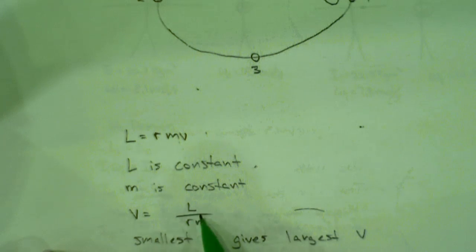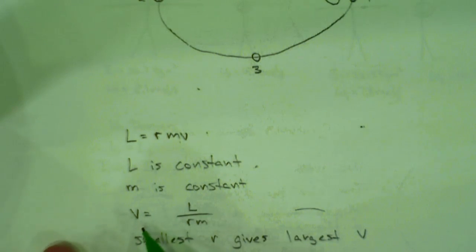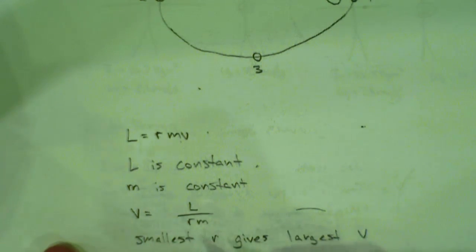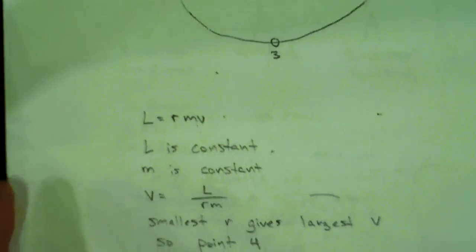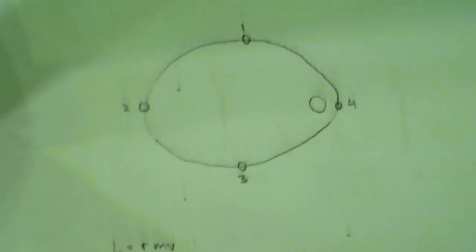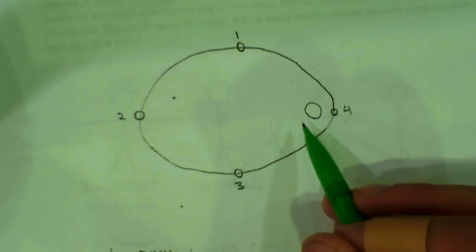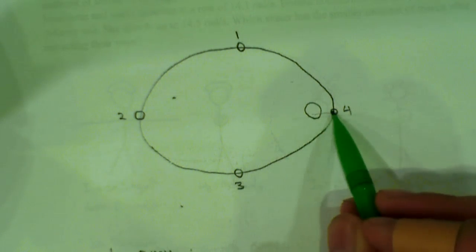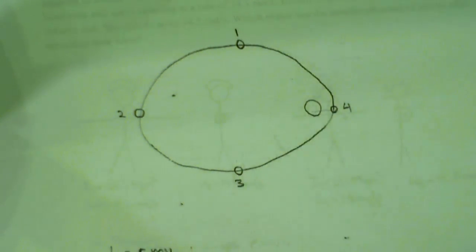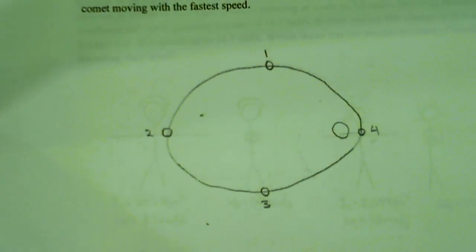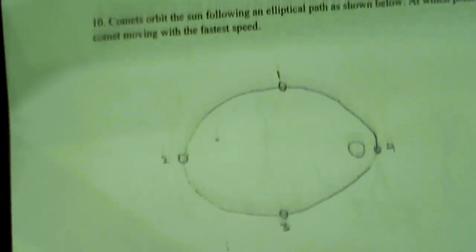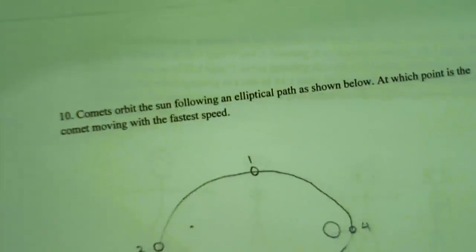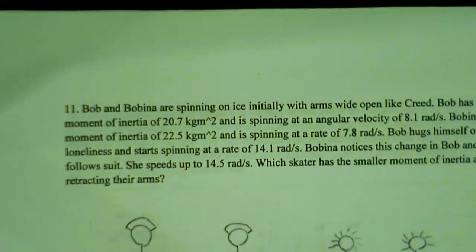These two are constant, so the only thing that's changing is R. So if we have a smaller R, it's going to give us a greater value for V. Make sense? So the correct answer is 4, which is the closest it gets to the sun, because it has such a small R value that the velocity is going to be greater. Any questions?